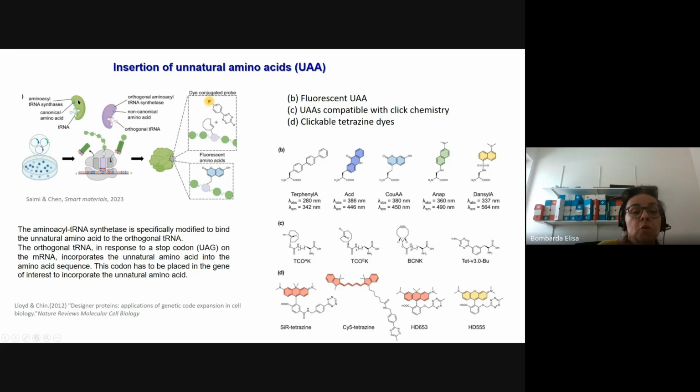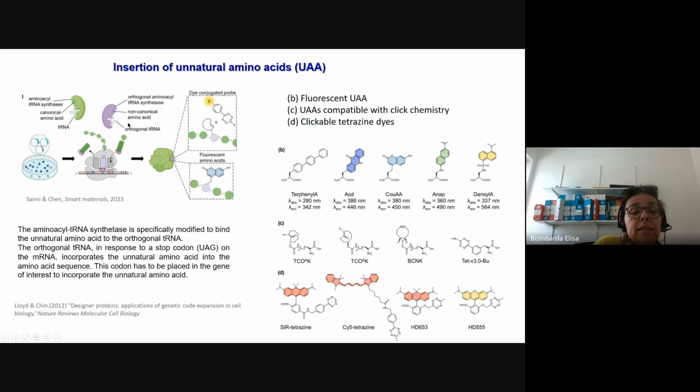That is how the tRNA is built up: it has this anticodon to read the codon on the mRNA, and it brings a specific amino acid. Actually, this enzyme will be modified, here in lilac, in order to link a non-canonical amino acid to a tRNA.